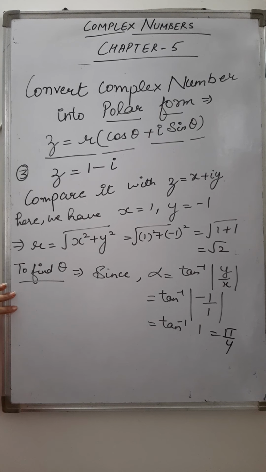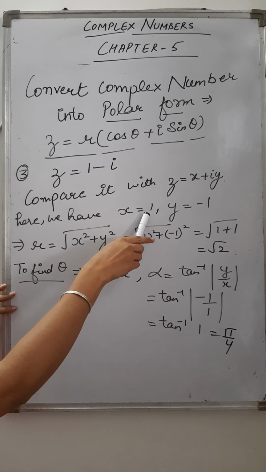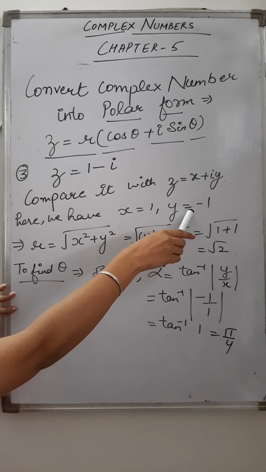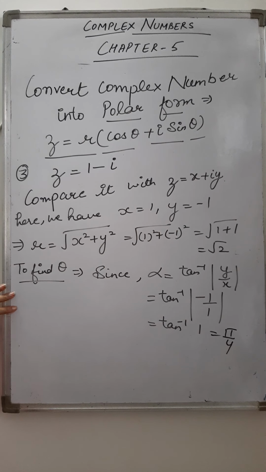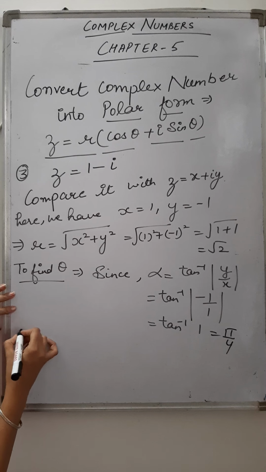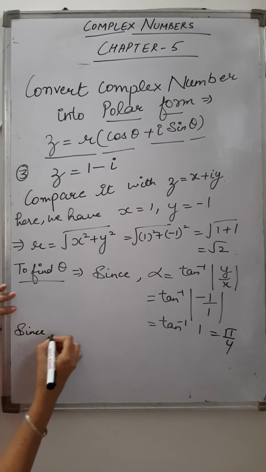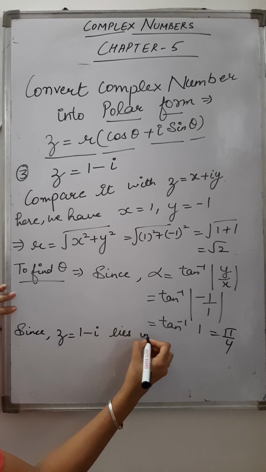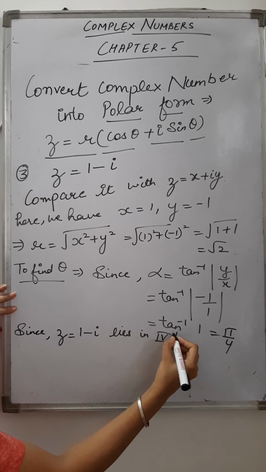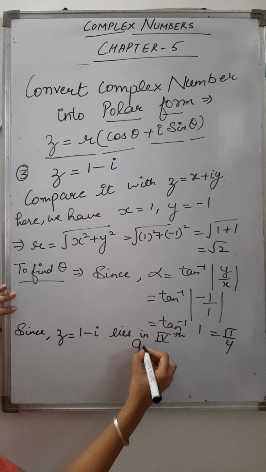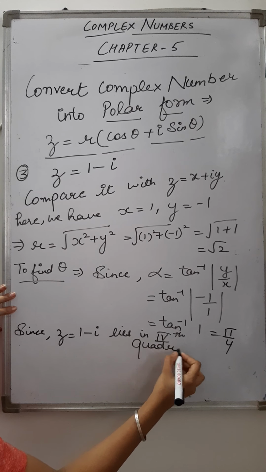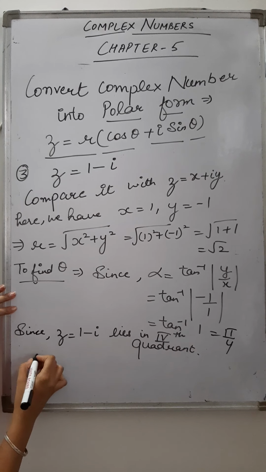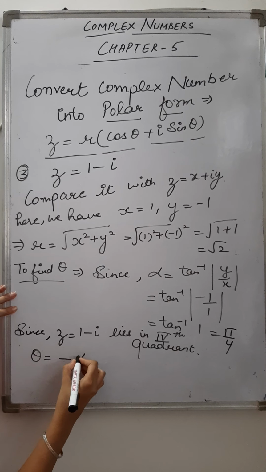Now check the quadrant where the complex number lies. x is positive and y is negative. In which quadrant is x positive and y negative? Fourth quadrant. Since the complex number z is equal to 1 minus iota lies in the fourth quadrant, the condition is theta is equal to minus alpha.